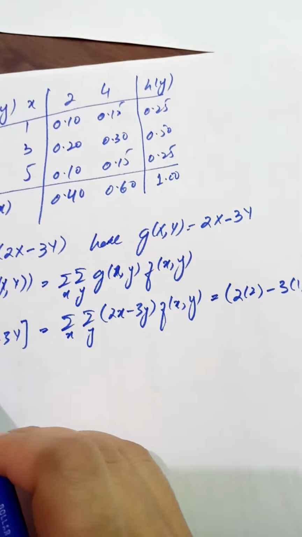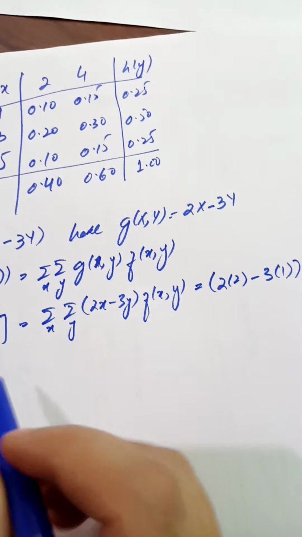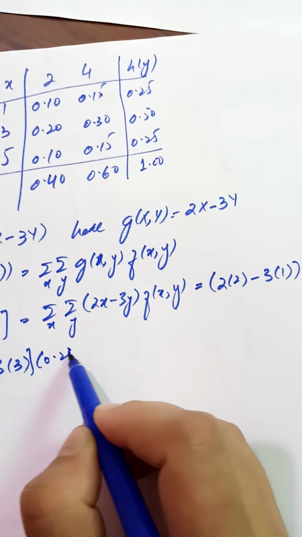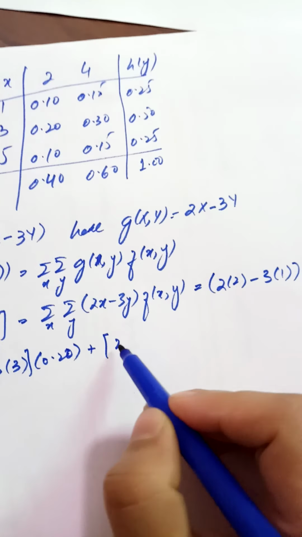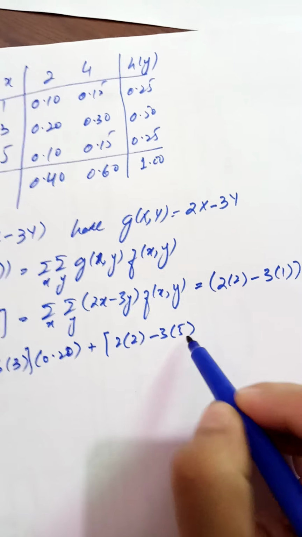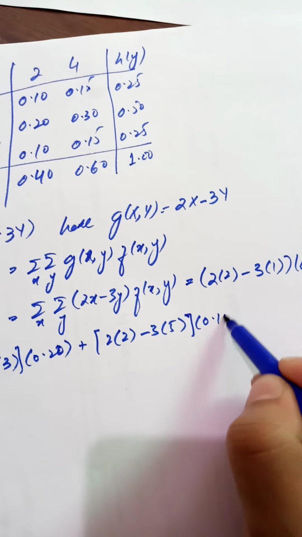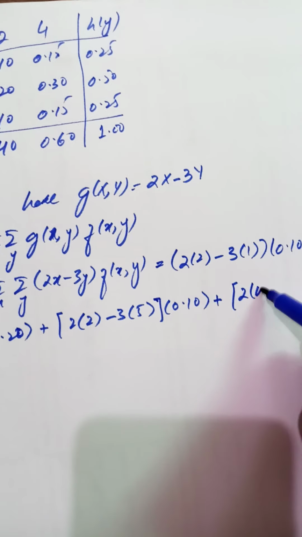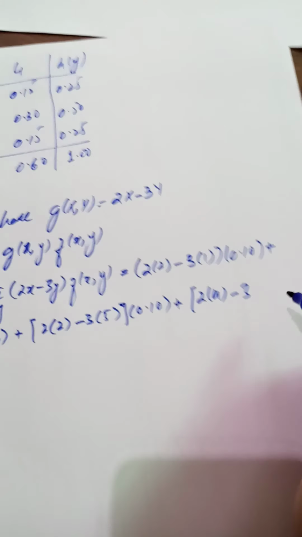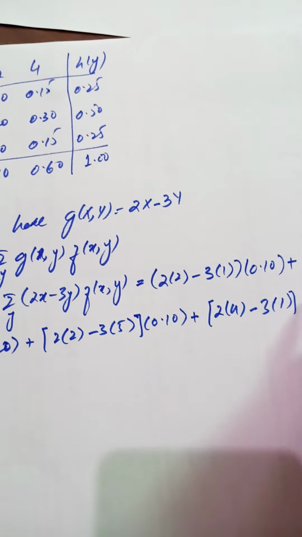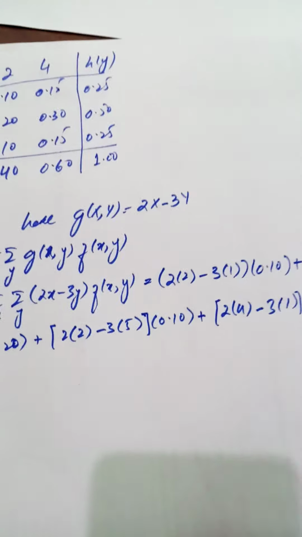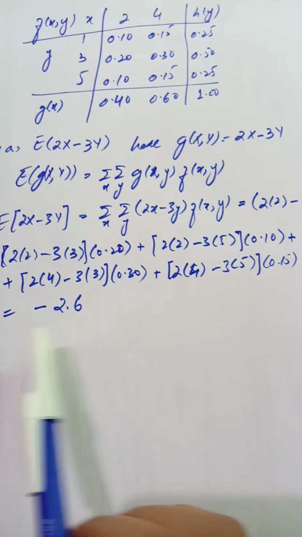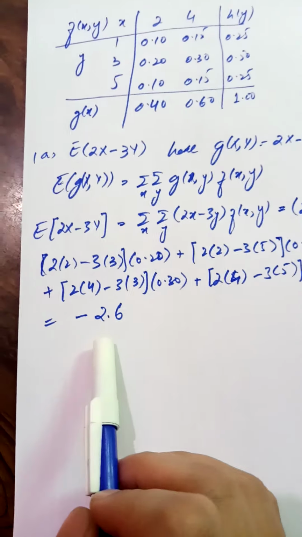Then when x is 2 and y is 3, the probability is 0.20, plus when x is 2 and y is 5, the probability is 0.10. So next, when x is 4 and y is 1, similarly, the probability is 0.15. We can write all the pairs in a similar fashion. Writing all the pairs and then solving this, we get the expectation minus 2.6.